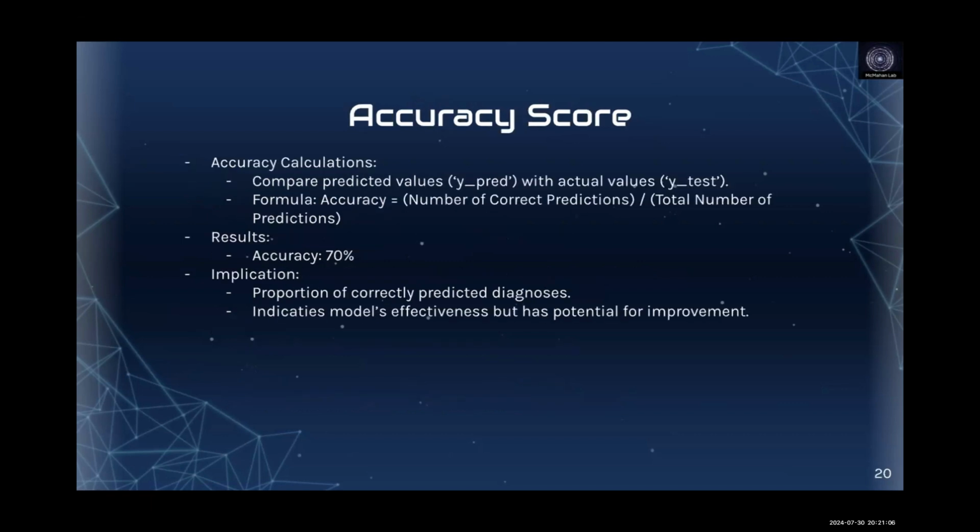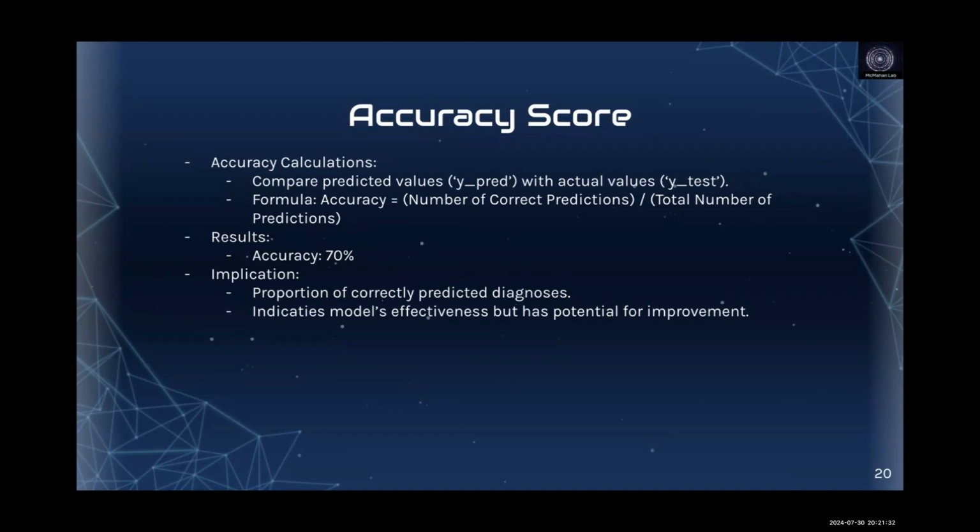In evaluating the performance of our random forest model, we focused on calculating the accuracy score, which provides a measure of how well the model predicts cancer diagnosis. To determine accuracy, we compared the predicted values, denoted as Y-pred, with the actual values, Y-test. The accuracy is computed using the formula: accuracy equals the number of correct predictions divided by the total number of predictions.